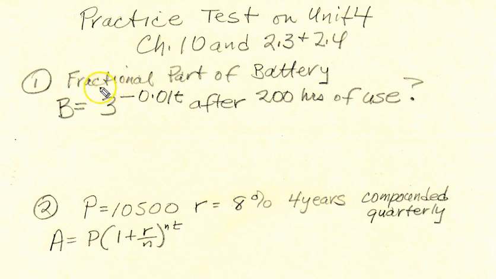1, the fractional part of a battery using this formula after 200 hours of use. So putting this into your calculator, you're going to put 3, then caret, a negative, and I'd put that, let's say, in parentheses here, 0.01.